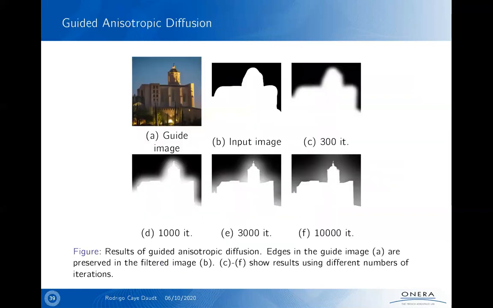We also proposed the guided anisotropic diffusion algorithm for post-processing. Here you can see an illustrative example of this working. We have a guide image with all the edges and details that we're trying to transfer into another image depicted in B, which is an approximate version of it, but we want to transfer the edges from the first to the second. So we use an algorithm that's based on anisotropic diffusion, which is classic in image processing.